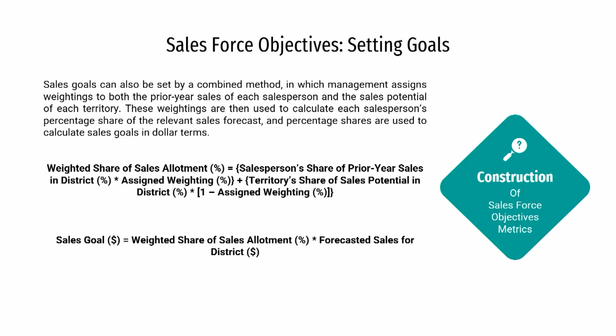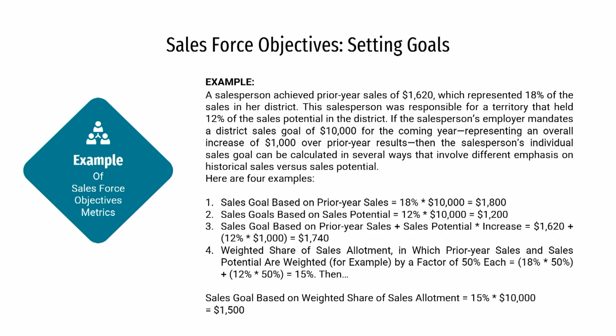What should be the percentage allocated to this sales team or to this salesperson? Ultimately, if that is calculated, we can easily calculate the sales goal. The formula will remain the same, that is weighted share of the sales allotment multiplied by forecasted sales for the district.